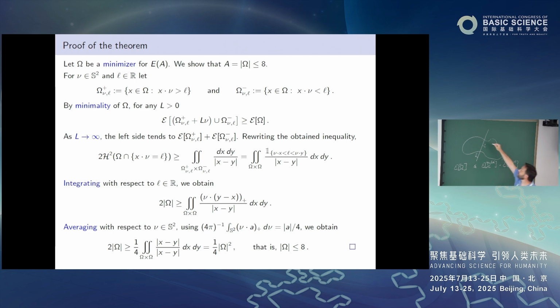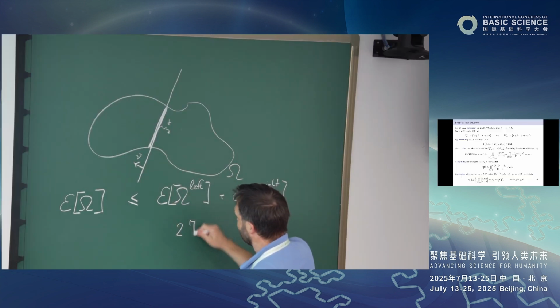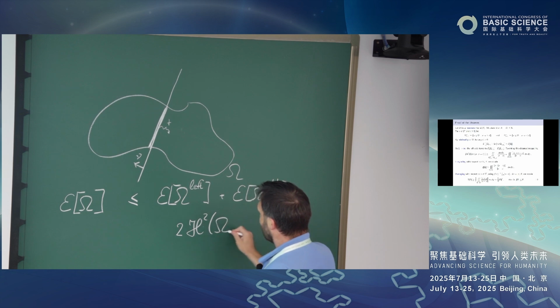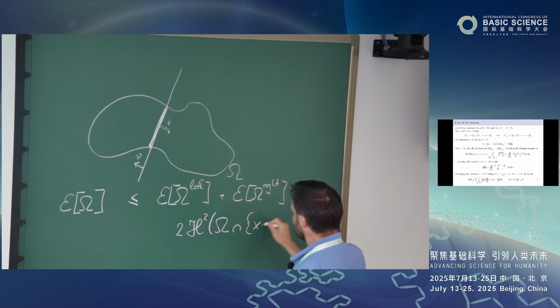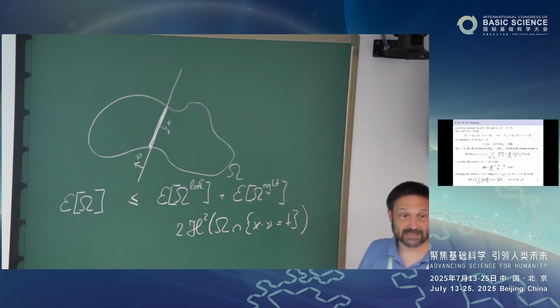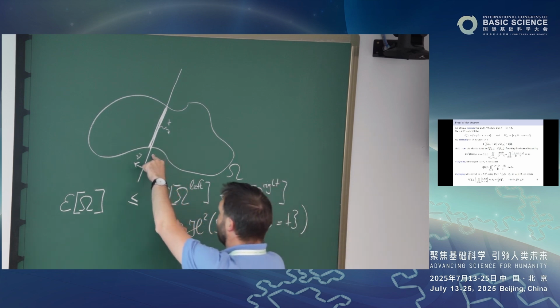Well, of course, the surface area: I still have the original surface area, but by doing this cut I've introduced additional surface area. So this is twice, because it appears once from the left and once from the right, the surface area of this cut. So this is x dot nu equal to t, right? That's where the set intersects the hyperplane. That's what I have to pay.